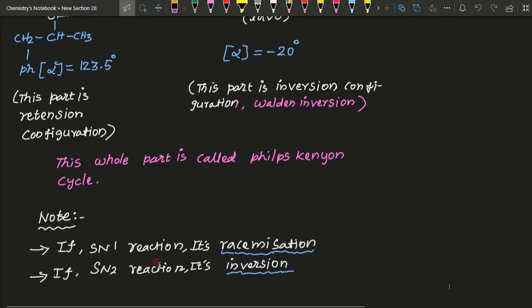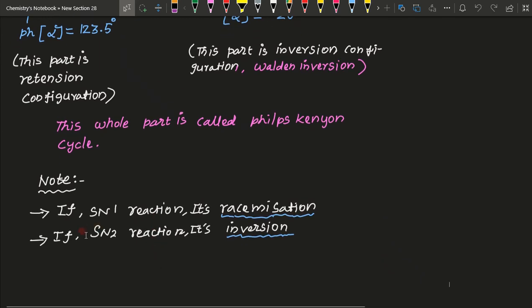Note, if it is an SN1 reaction, it is racemization. If it is an SN2 reaction, it is inversion. Please note again, if SN1 reaction, it gives racemization.